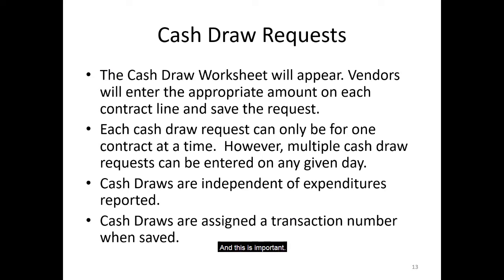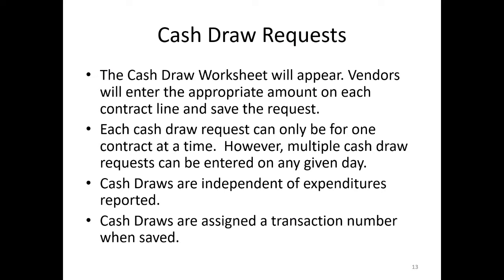Also, and this is important, with respect to the way the system works, the cash draws are independent of the reported expenditures. We're going to go through the expenditure reporting section later in the presentation, in which we'll talk about monthly reporting deadlines.